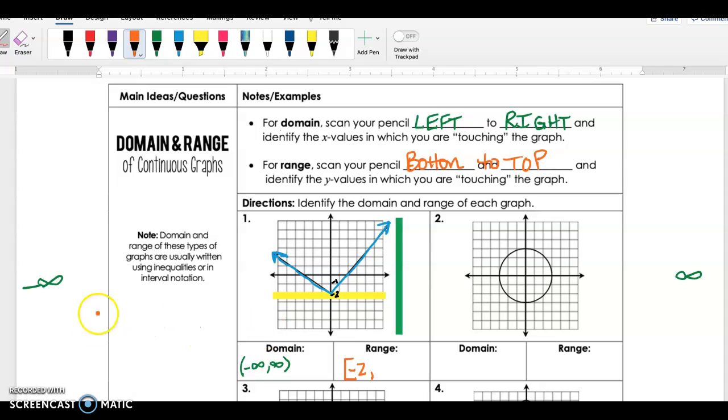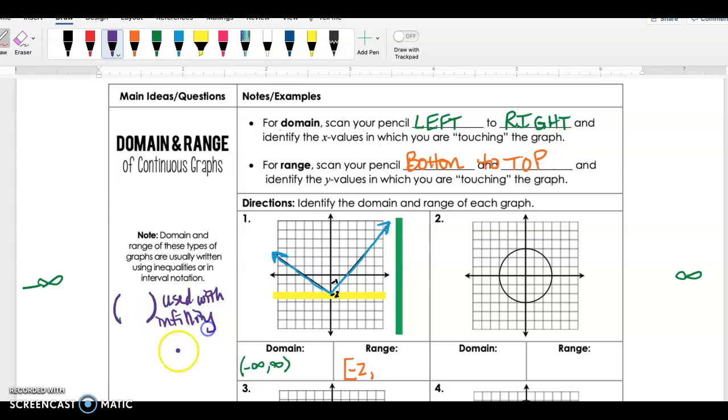Why do I do that? Well, parentheses are used with infinity.